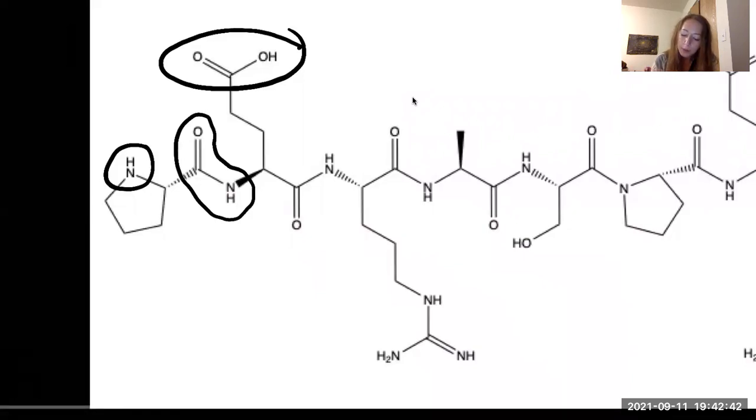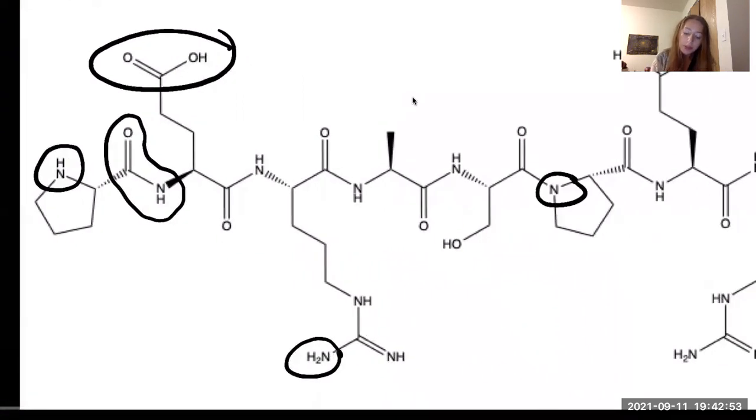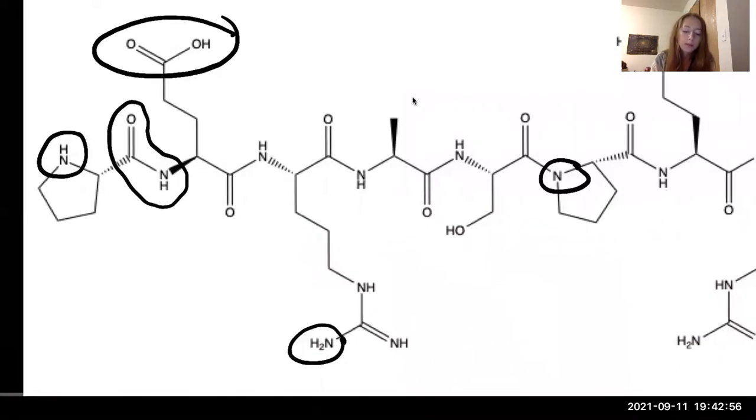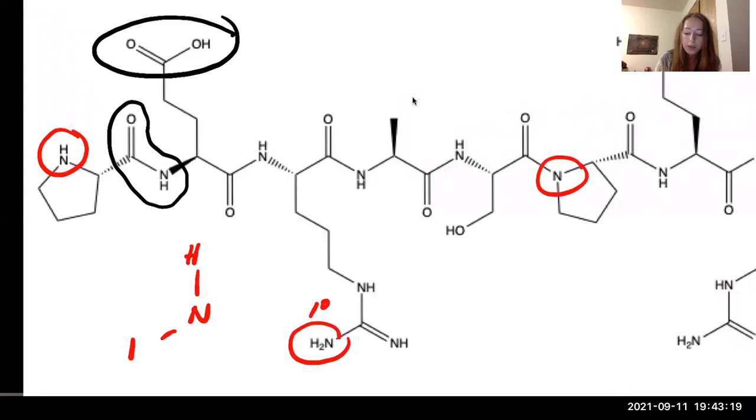What else? We have some more amines here. I'm going to show you the difference between each of these amines. A primary amine would be something like this, where it's a nitrogen connected to two hydrogens and then one R group, the R group meaning anything.